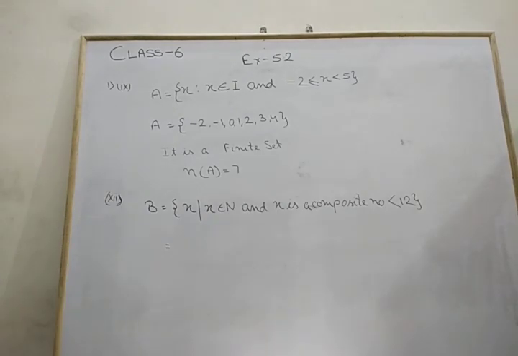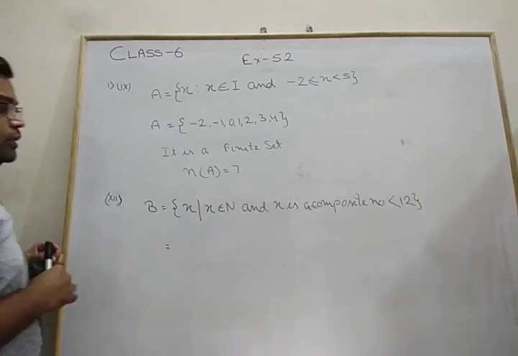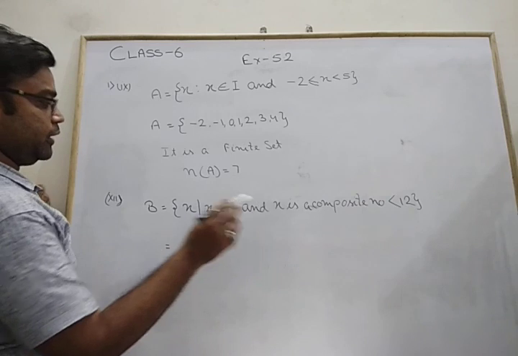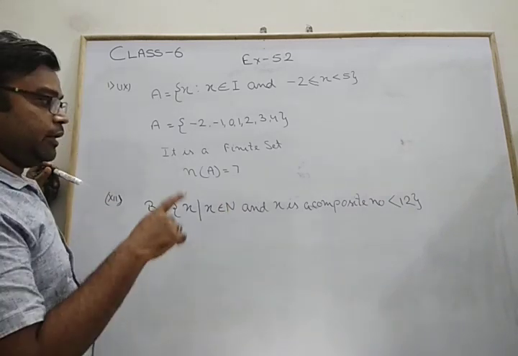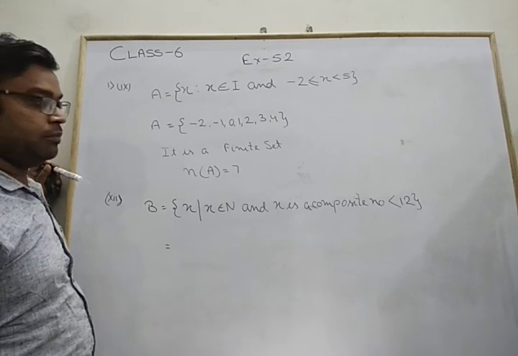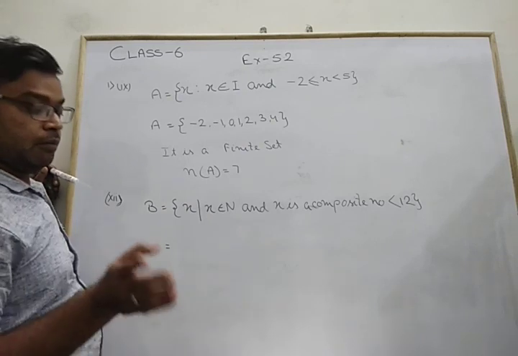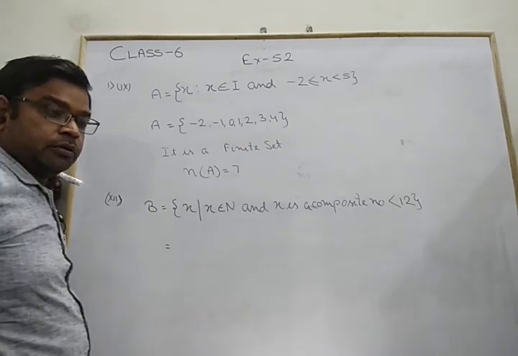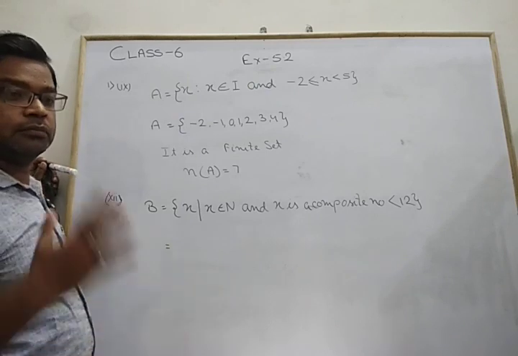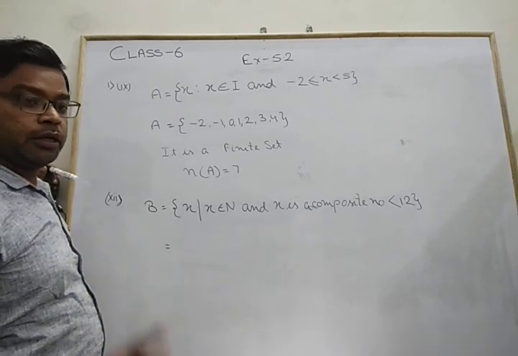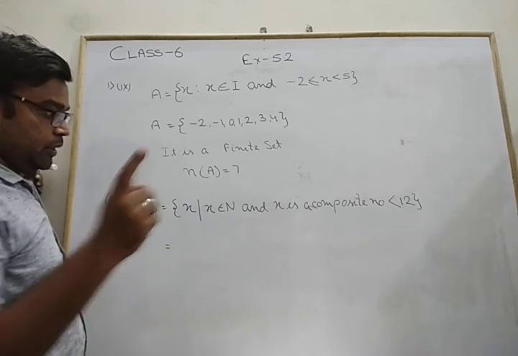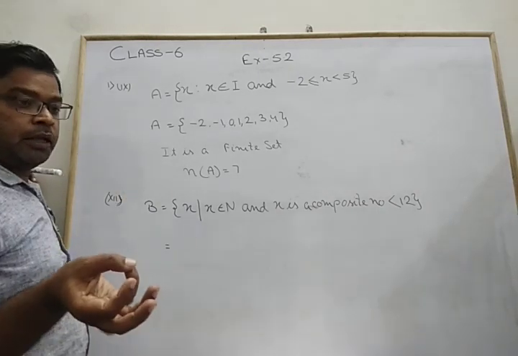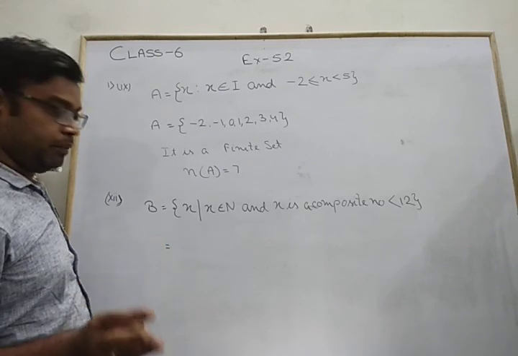Now how do we do this one? It's the easiest one. x belongs to natural numbers means all natural numbers starting from 1. Then it is a composite number. Composite numbers are those divisible by numbers other than 1 or itself. So 1, 2, 3: one is neither prime nor composite, but 2, 3 are prime numbers.